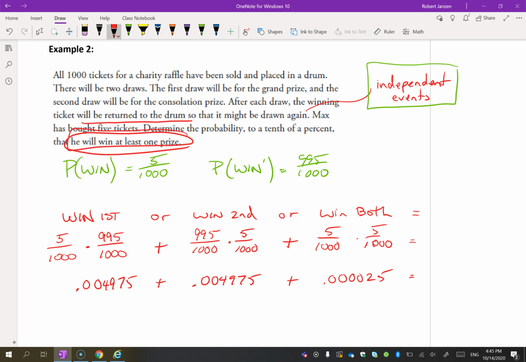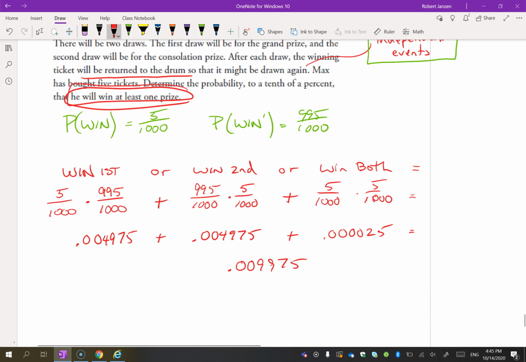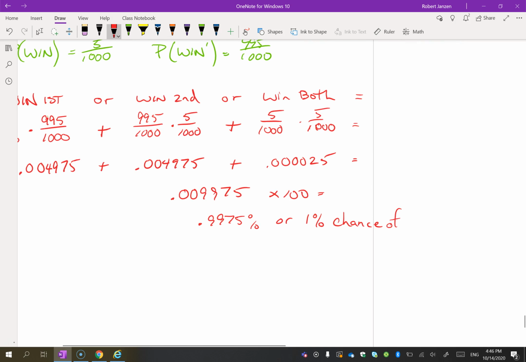Now, if we add those all up, you end up with 0.009975, which, if we multiply by 100 to get percent, you end up with 0.9975%, or about a 1% chance of winning at least one prize.